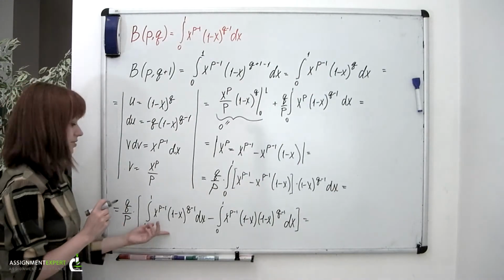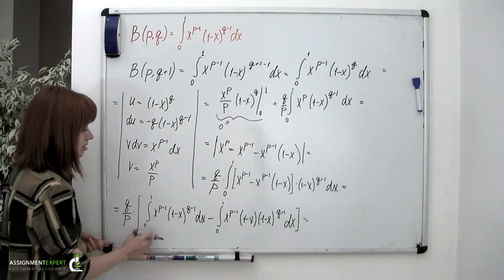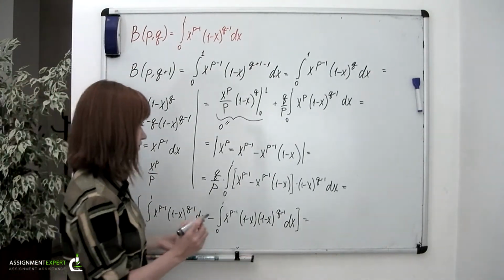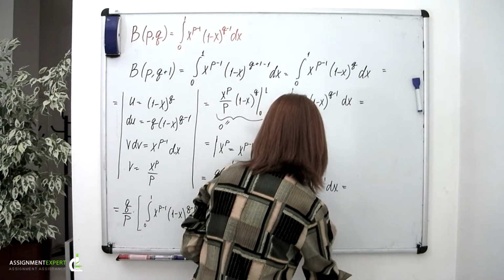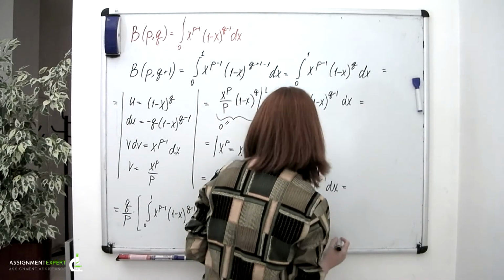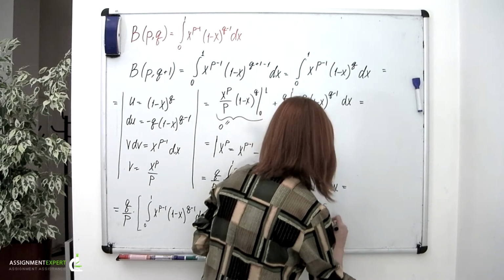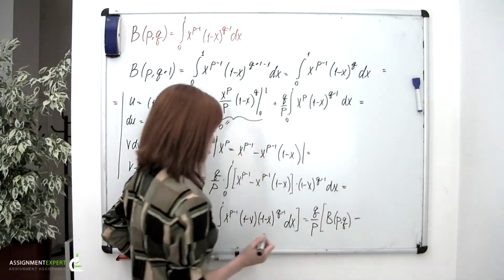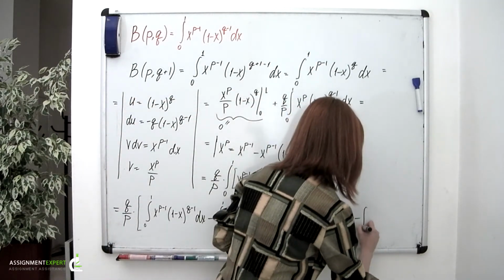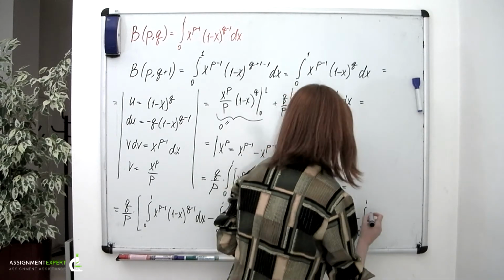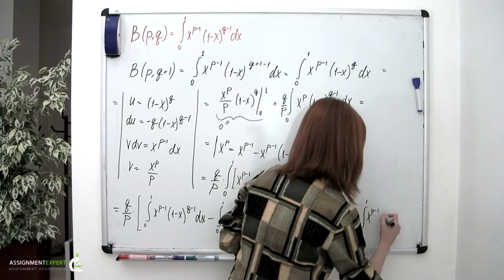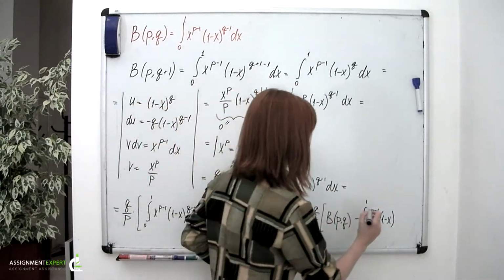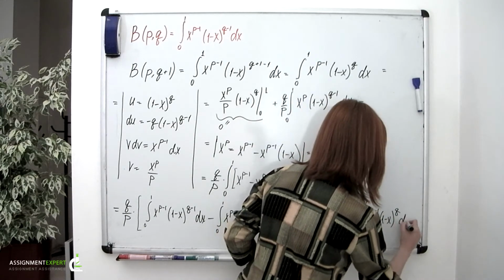Now if we look closely at this first integral, we'll see that it's nothing else than the beta function itself. So we have q over p multiplied by beta function of p and q, minus this second integral, which is integral from 0 to 1 of x to the p minus 1 times 1 minus x to the q dx.